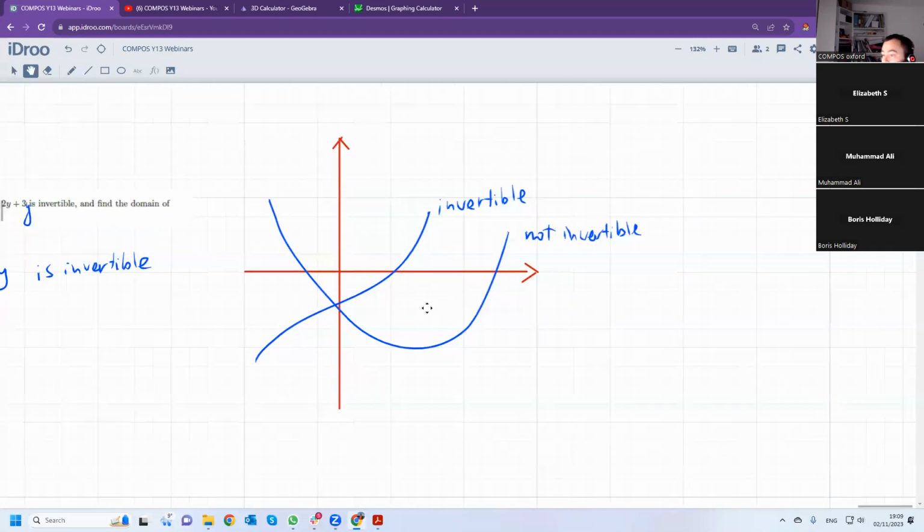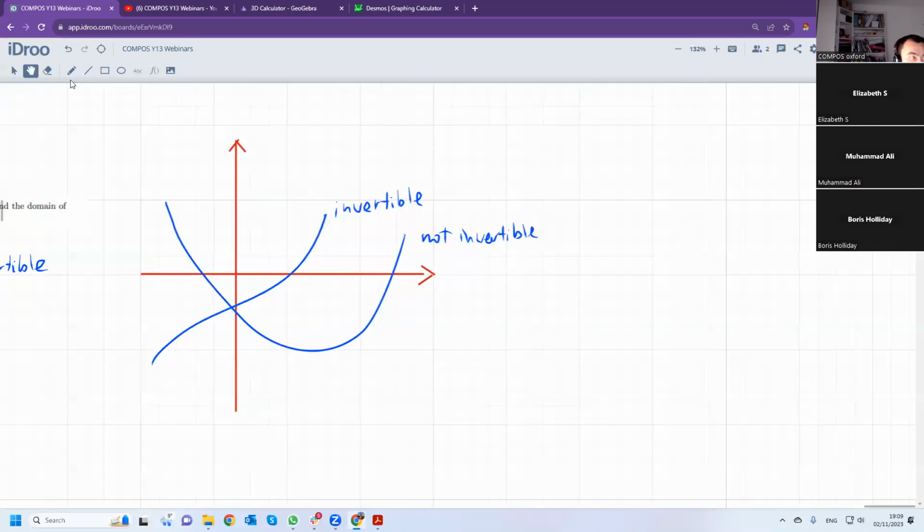That means it doesn't have an inverse. Only one-to-one functions have an inverse. Yeah, are we clear on that?